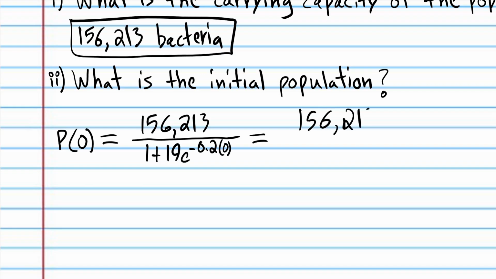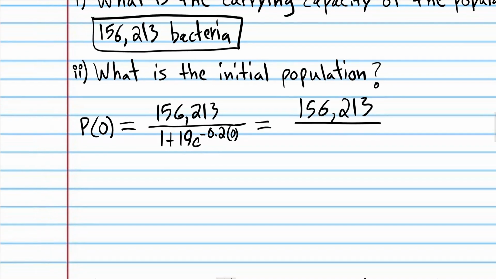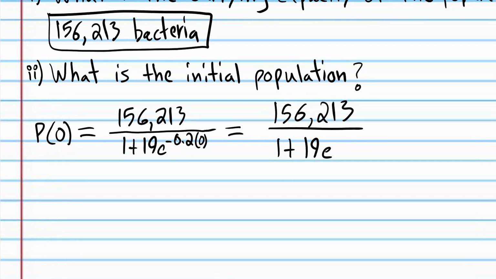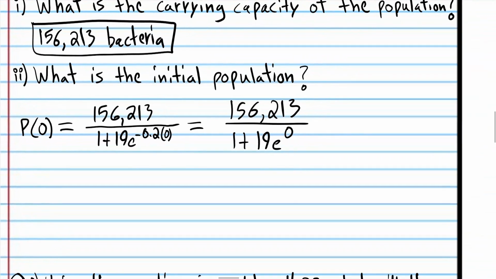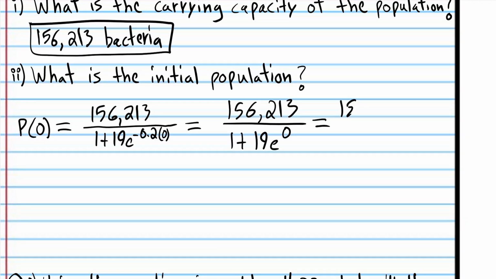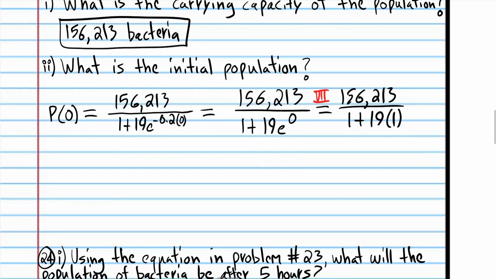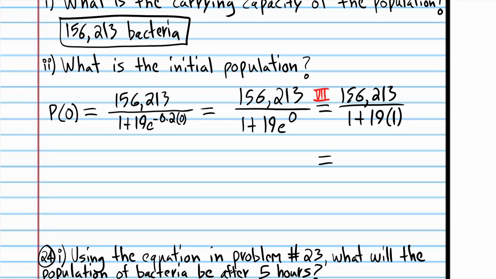You don't really need to do it in your calculator because you can actually do it in your head. But I'm going to show you the steps just so you can understand the math. So negative 0.2 times 0 is 0. But e to the 0 power is 1. Remember, anything raised to the 0 power is just considered to be 1. That's exponent rule number 7.